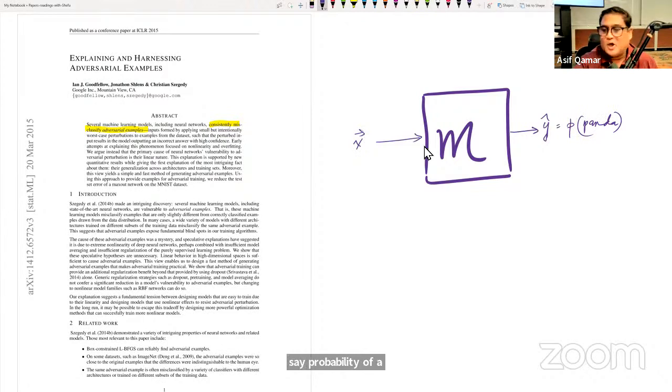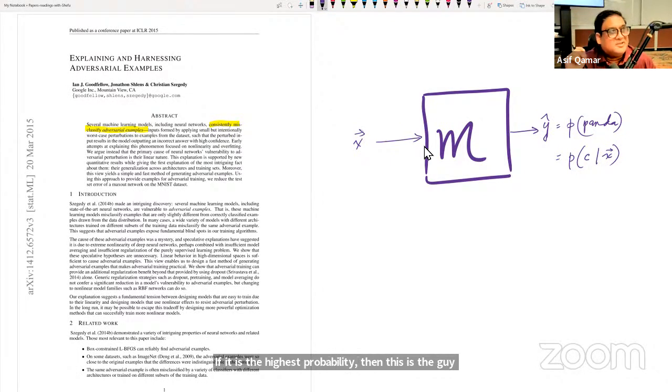Or more strictly, it is the probability of a class, some label, given X. Strictly speaking, this is what it produces. Then you apply a threshold: if it is the highest probability, then this is the guy, or more than 50, or whatever it is, and then you come up with a prediction. But the important thing is, it produces a probability.